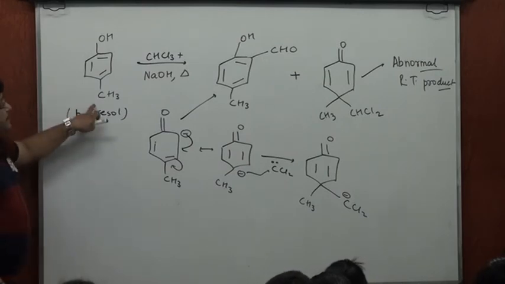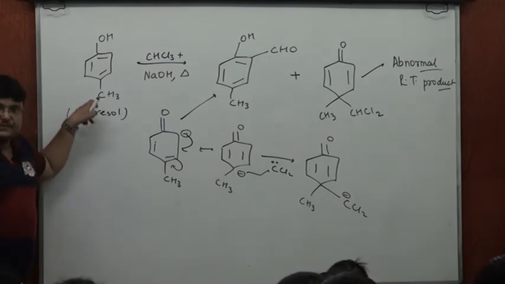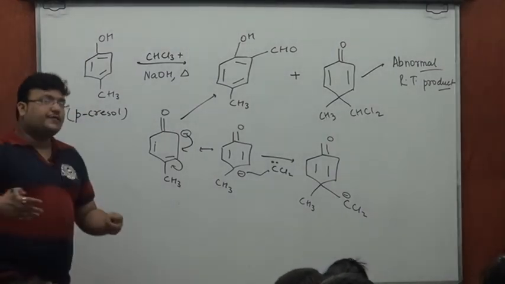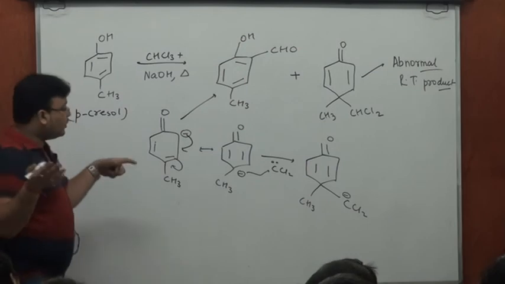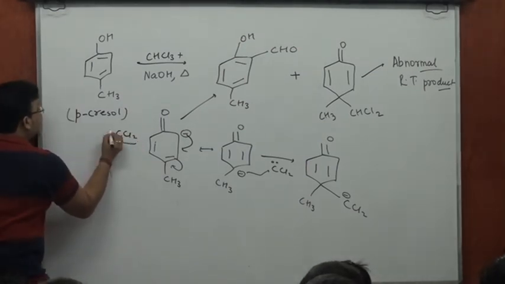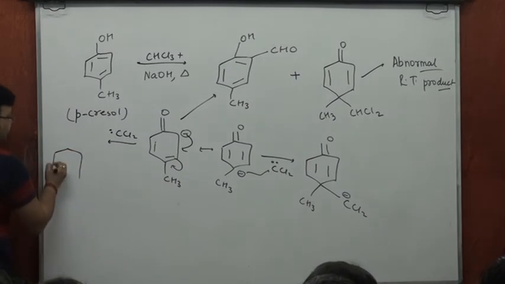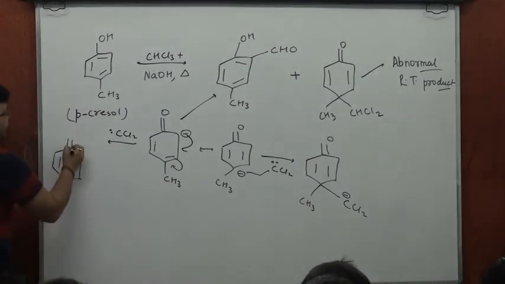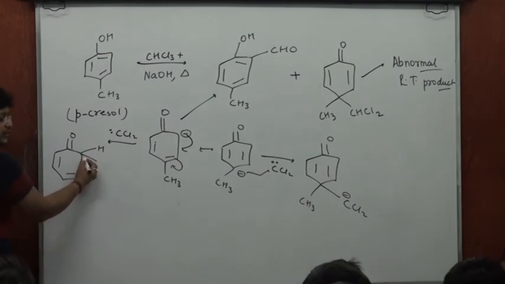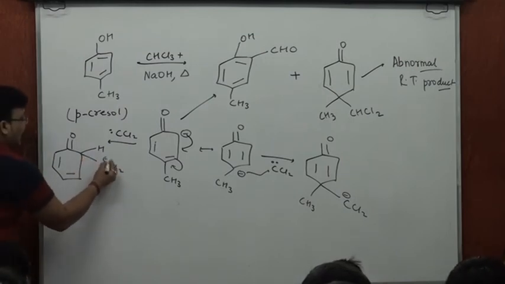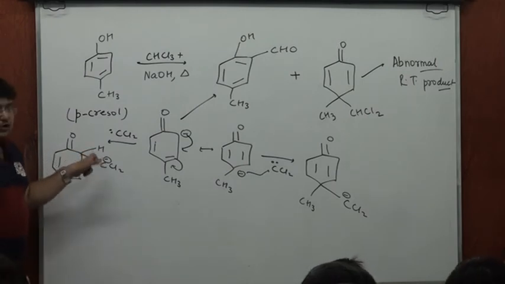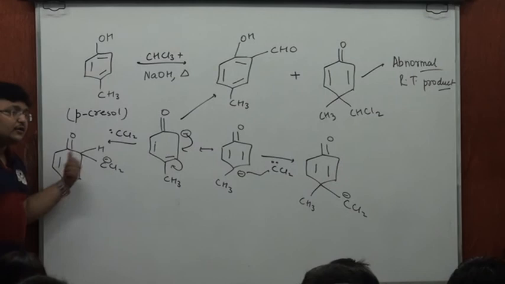And because the para position is already occupied, please be attentive, we can't move to the next expected step. With this interacting with CCl2, let's see it quickly. This was the expected intermediate. Now because the ortho position was free, I had a hydrogen which could get tautomerized and bring aromaticity back to the ring.